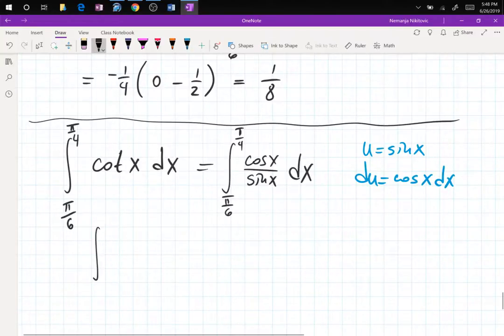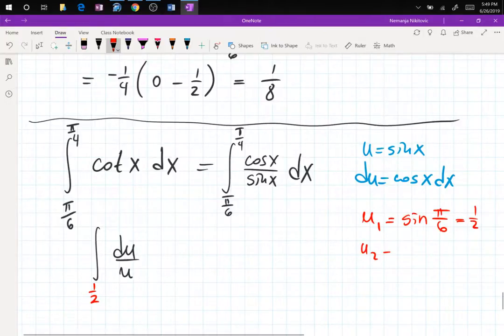Then we get du over u. u1, which is the lower limit, is sine of pi over 6, which is 1/2.